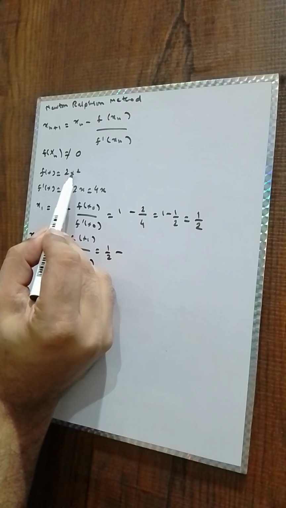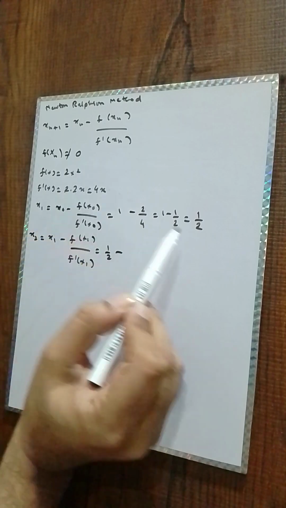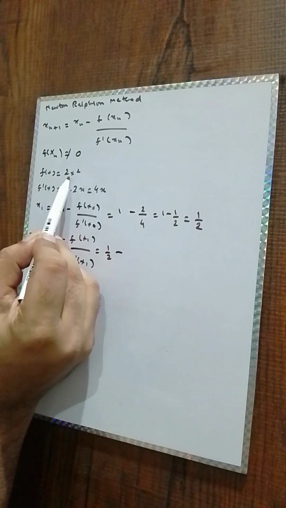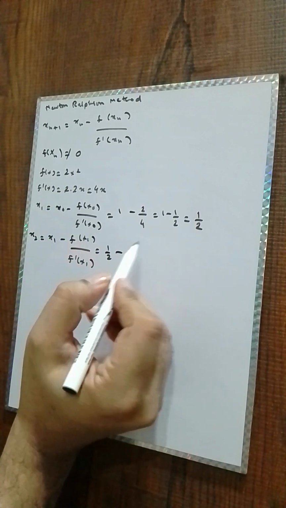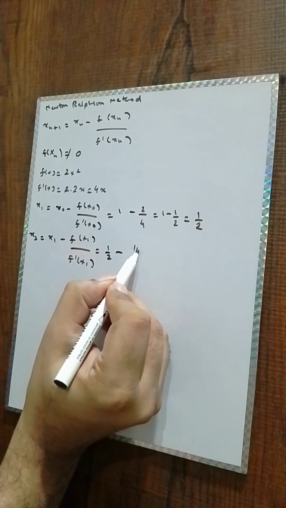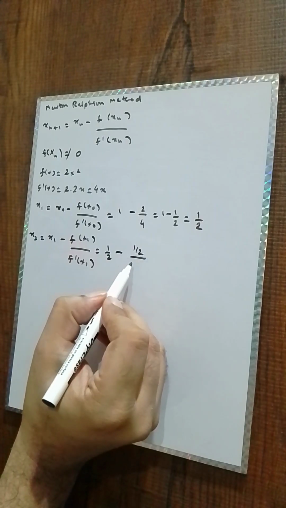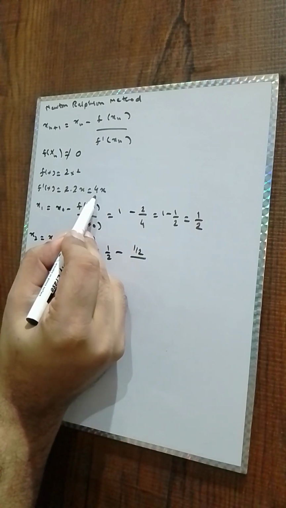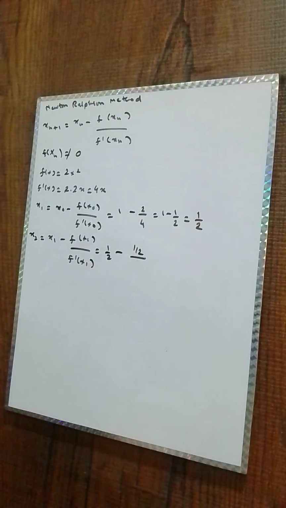We couldn't put 0. We started with 1, and now we have to put 1 by 2 here. So 2 into 1 by 4 would be 1 by 2. So in the numerator 1 by 2, and in the denominator 4 into 1 by 2, which gives us 2.